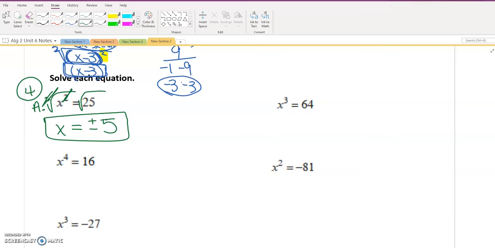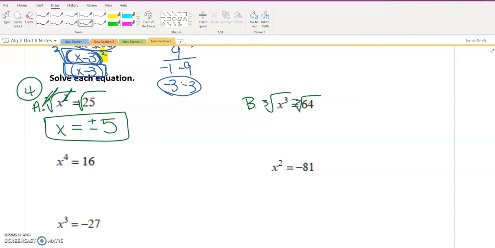All right, so B, we have x cubed equals 64. I gave you the next step too. I'm thinking a step ahead here. So if I have x cubed equals 64, what's the opposite of a cube? Cube root. So I take the cube root of both sides.